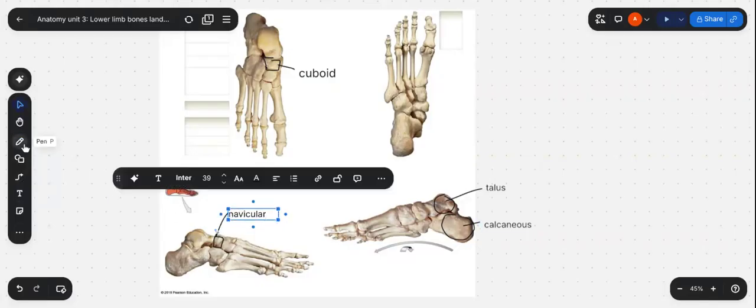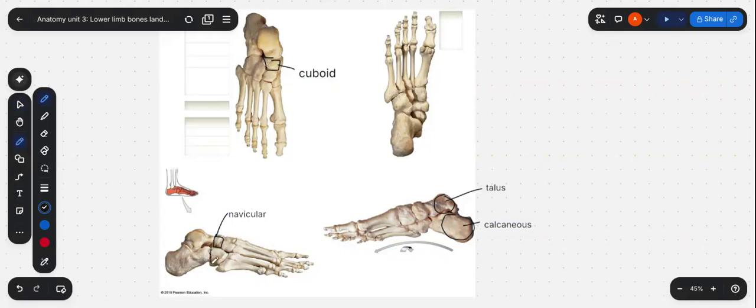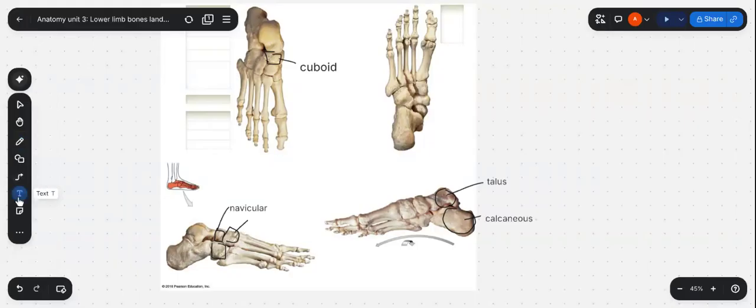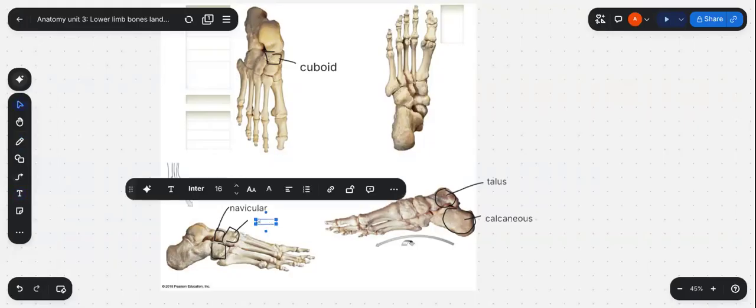So in this side profile look, this would be your cuboid, this is your navicular up here, and then you have the three rest of the bones. So the three rest of the bones, those are called your cuneiforms.